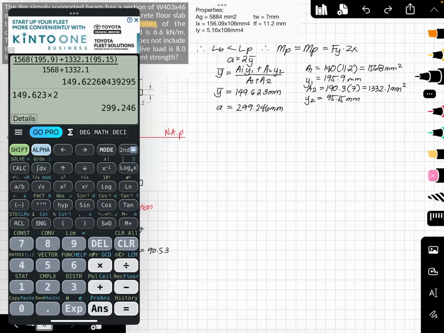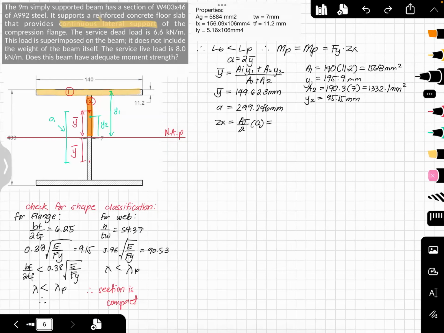Di ba we have Zx equal to area total over 2 times A. We have area total over 2 is just equal to area 1 plus area 2, kasi half na siya ng area total.